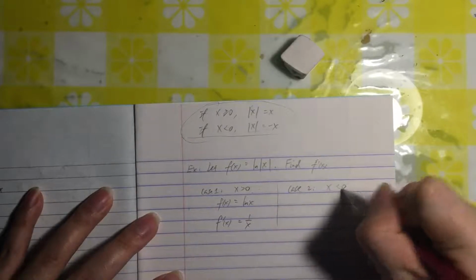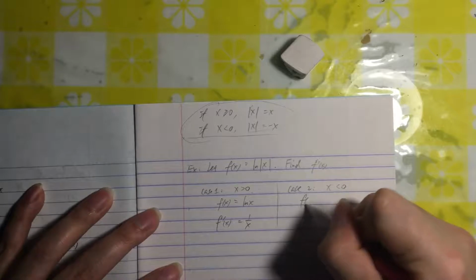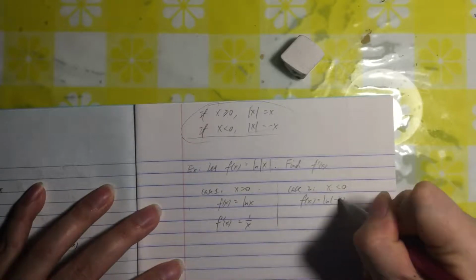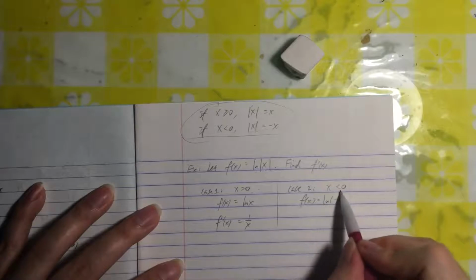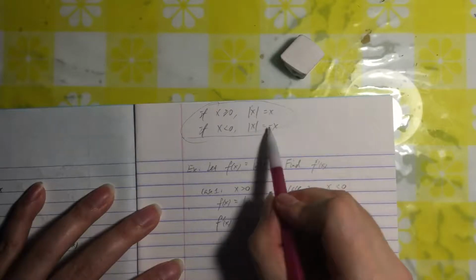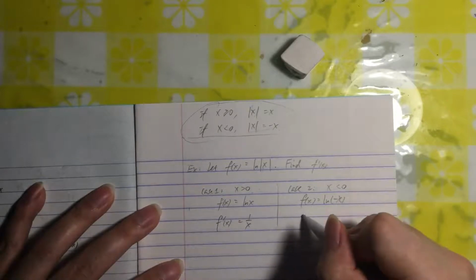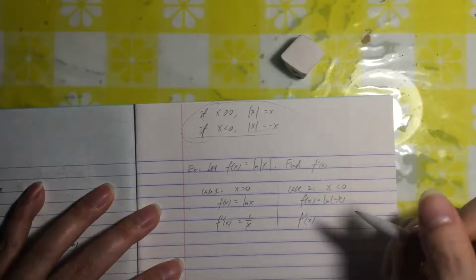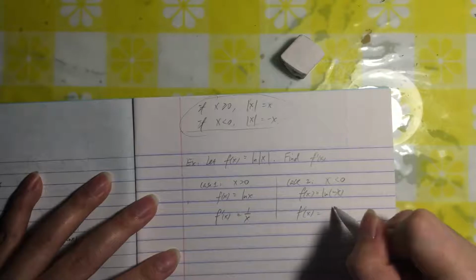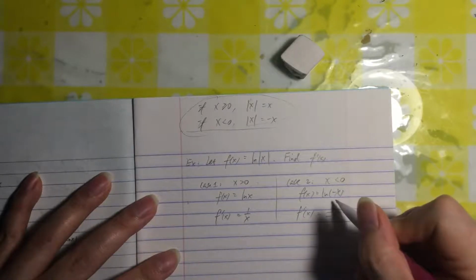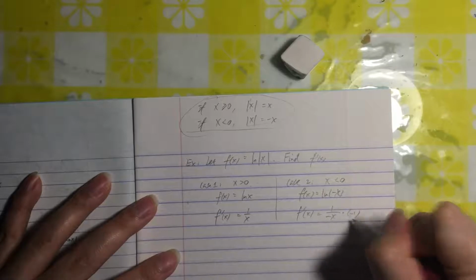In case 2, if x is less than 0, then f of x is ln of negative x. If x is less than 0, the absolute value of x is negative x. Then if we take the derivative, here you use the chain rule. f prime of x is 1 over the inside times the derivative of the inside, which is negative 1.